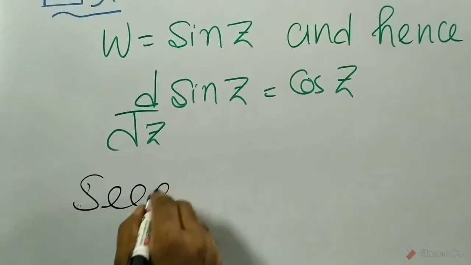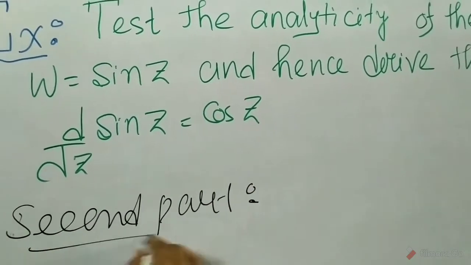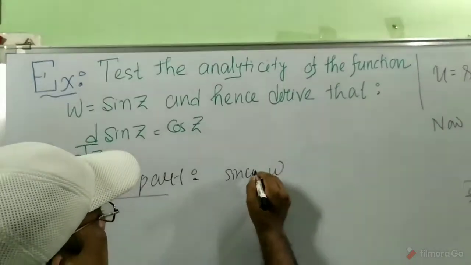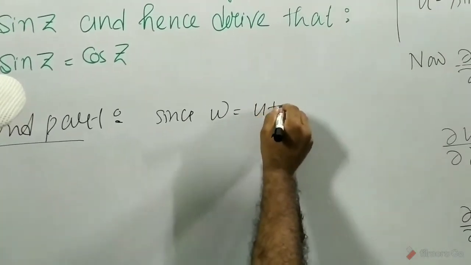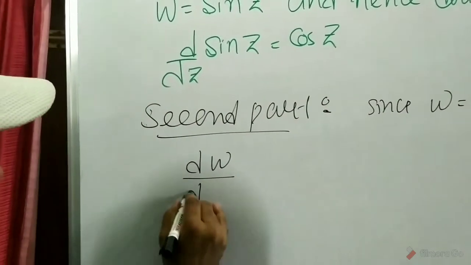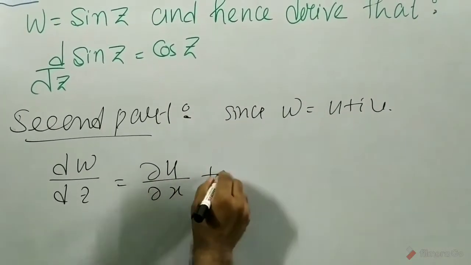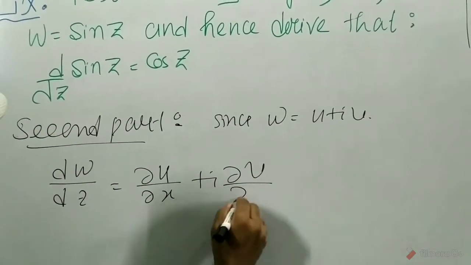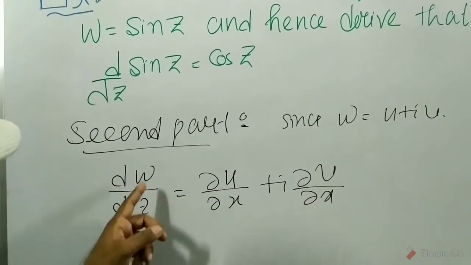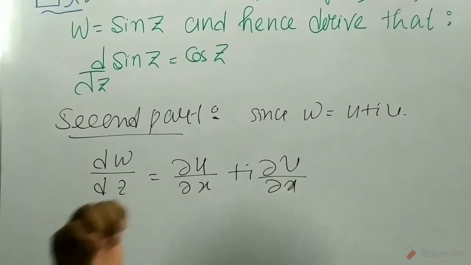In the second part, since w equal to u plus iv, dw dz equal to del u del x plus i del v del x. By definition of partial derivative, d dz of w equal to del u del x plus i del v del x.